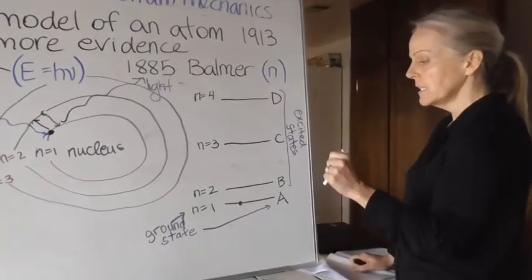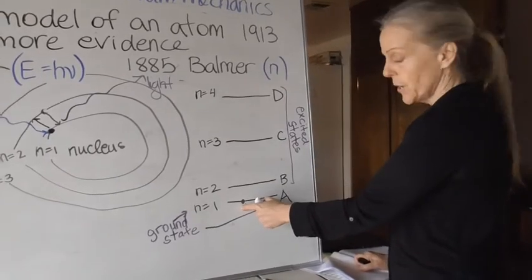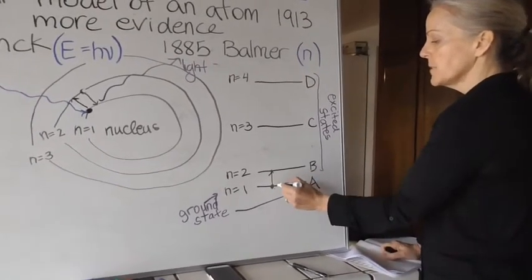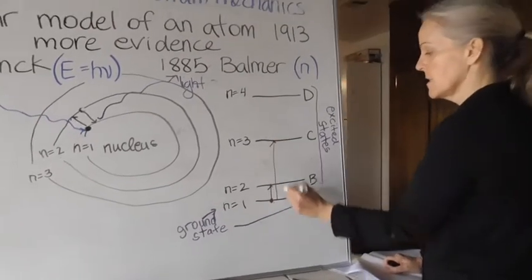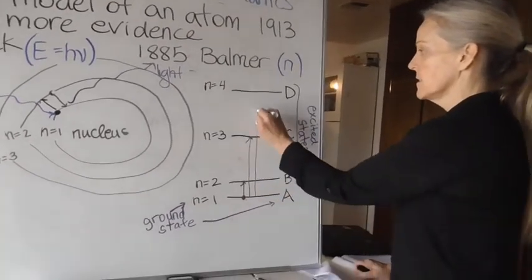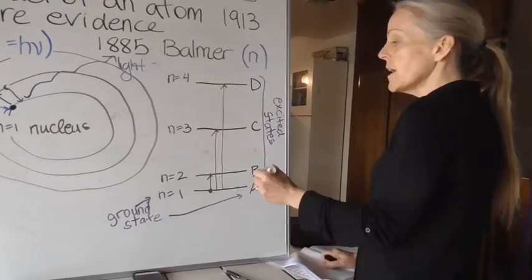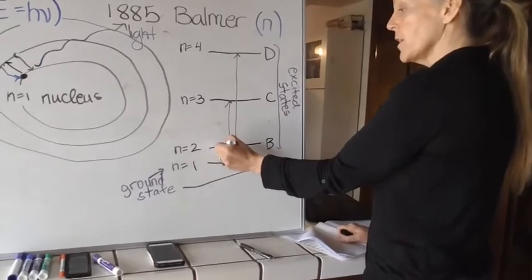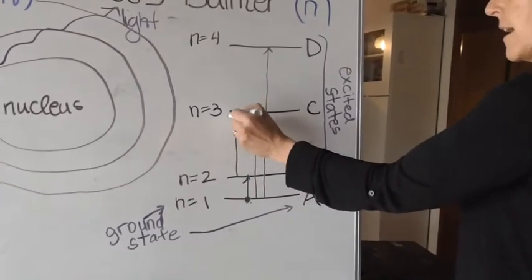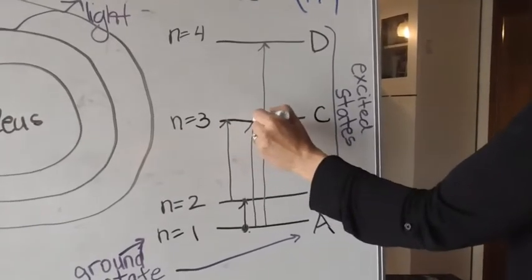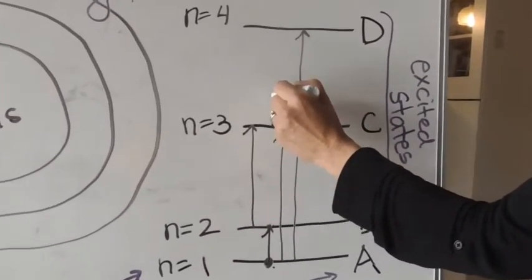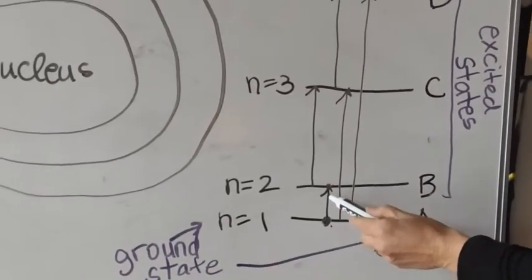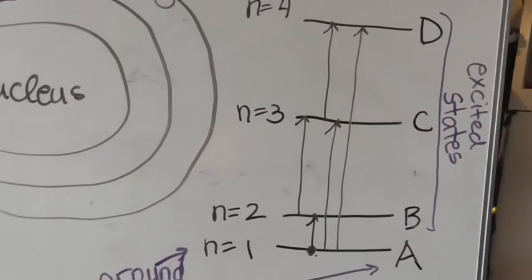Here are the possibilities for where that electron can go. That electron can go from the ground state up to each one of these excited levels. But say this electron got here, it can go from 2 to 3 now. If something's at 3, it can go from 3 to 4. So for each one of these levels that it's at, it can go to the higher energy levels above it.